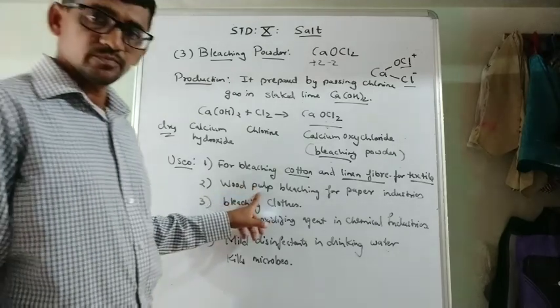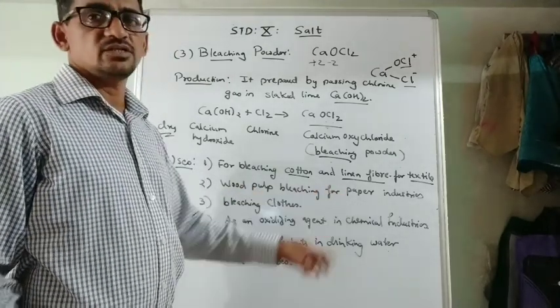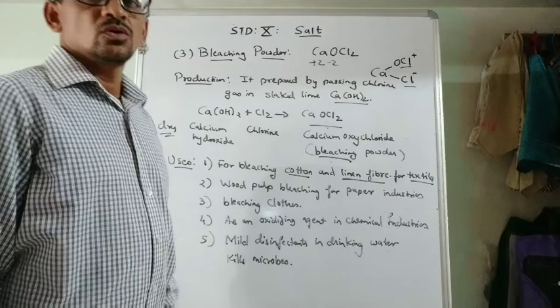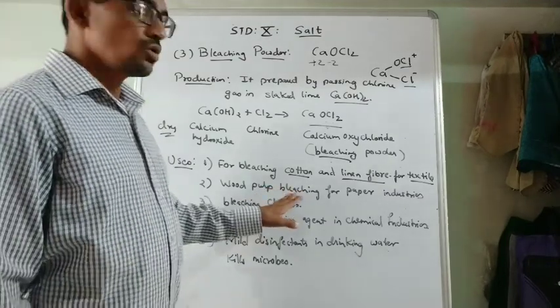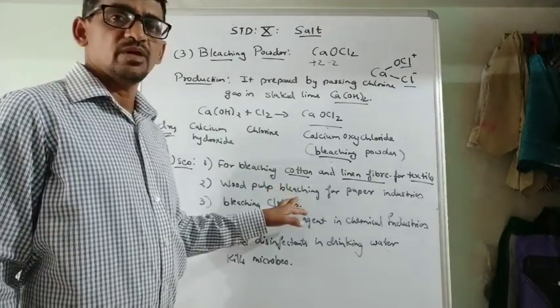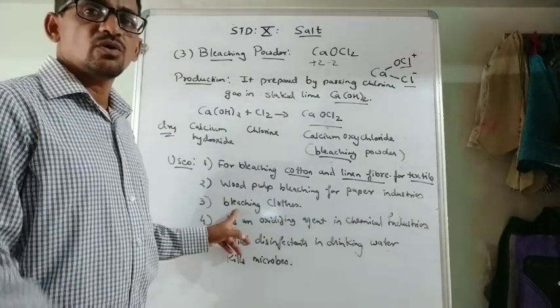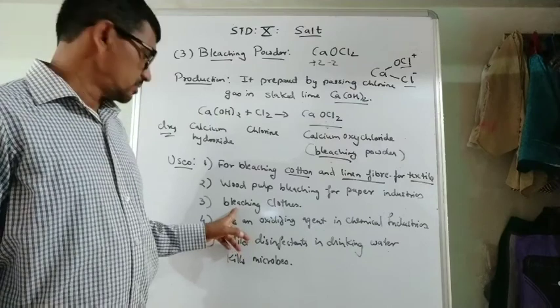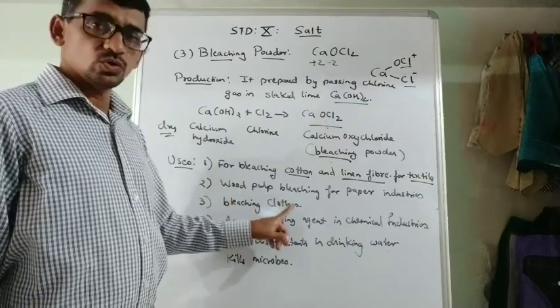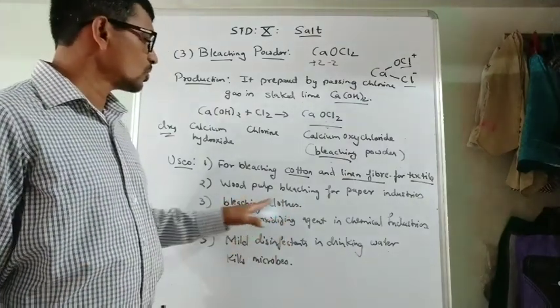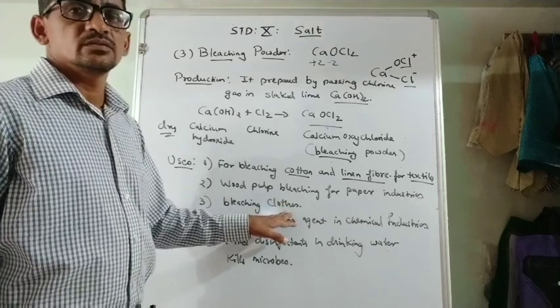Second, wood pulp for the paper industry is also bleached for good quality paper, so that the paper remains as it is, and fungus and bacteria will not eat that paper. Second is bleaching cloth; for cloth also this bleaching powder is used.